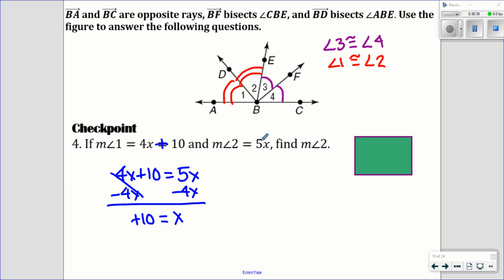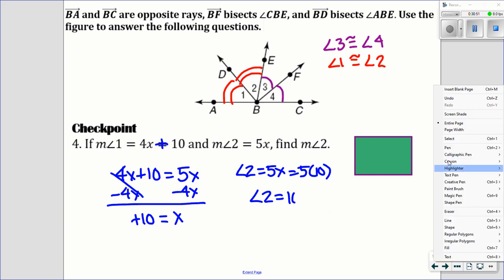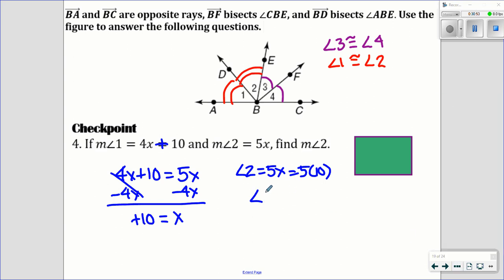We're not done. We need to find angle 2. See angle 2? Angle 2 is equal to 5x. And then when you plug it in, 5 times 10, angle 2 is equal to 50 degrees. Make sure you put your degree symbol because you're dealing with angles.